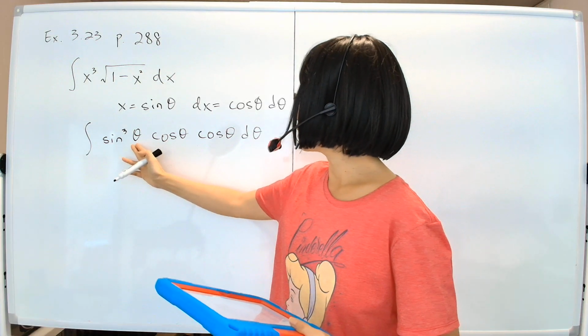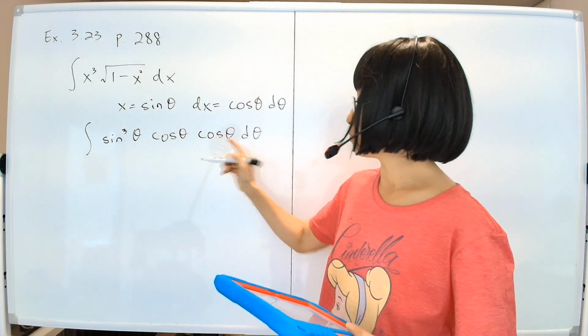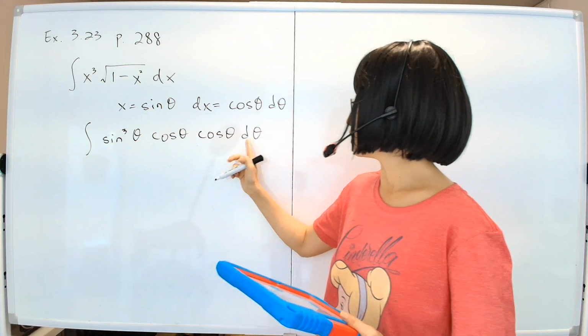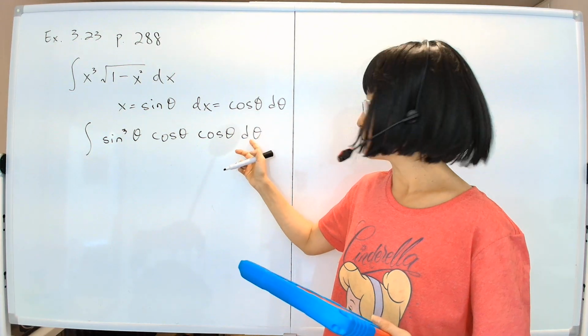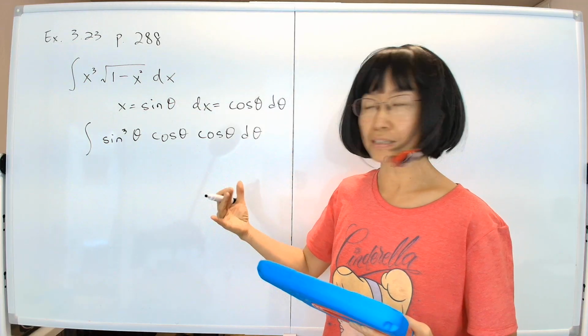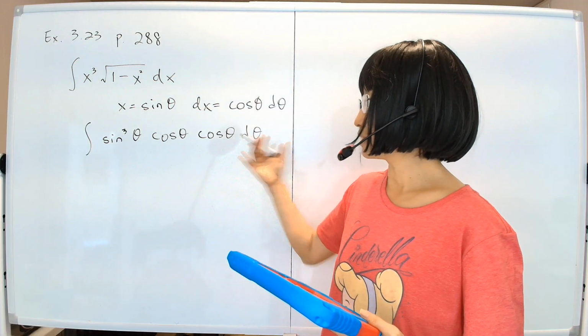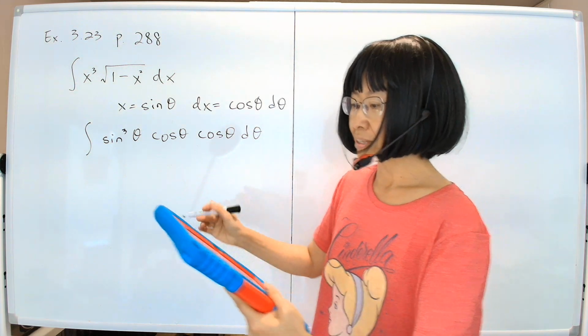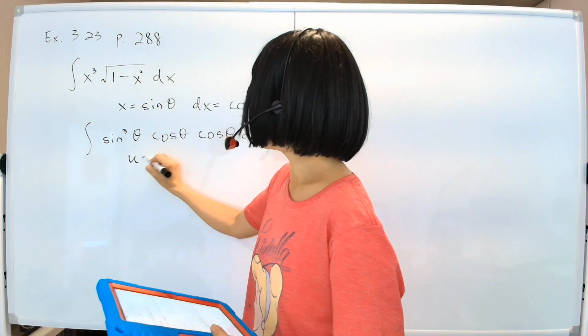In this case, we are going to let u be cosine theta. The reason is that we're saving a sine theta over here with d theta for the u-substitution, and to get sine theta d theta we need u to be cosine theta. So we let u equal cosine theta.